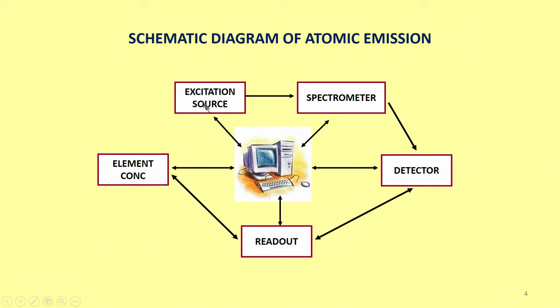So, the excitation source is called ICP, inductively coupled plasma, that is all, no further spectroscopy or something, it is ICP. It is a plasma. As you know, many of the substances exist in solid, gaseous and liquid state.